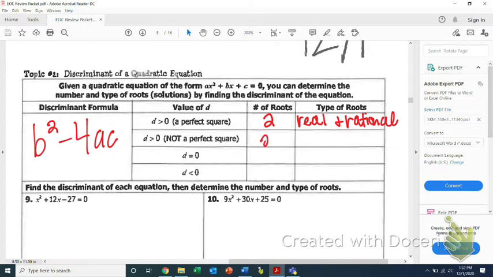The next one is when the discriminant is also positive, however, it's not a perfect square. It is still 2 roots. It is still real, except this time it will be irrational, meaning it is a crazy decimal. And it just keeps going and going and going. All right, if the discriminant is equal to 0, it has 1 real root.